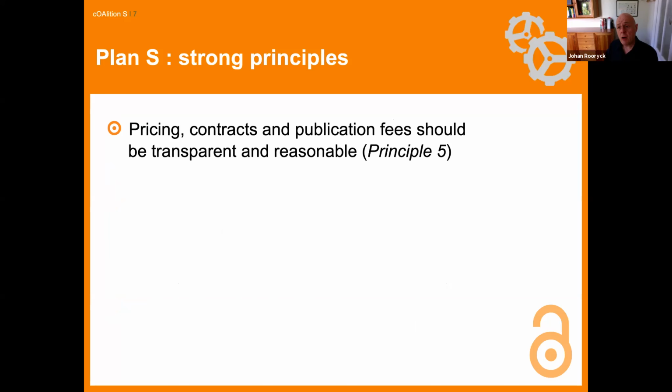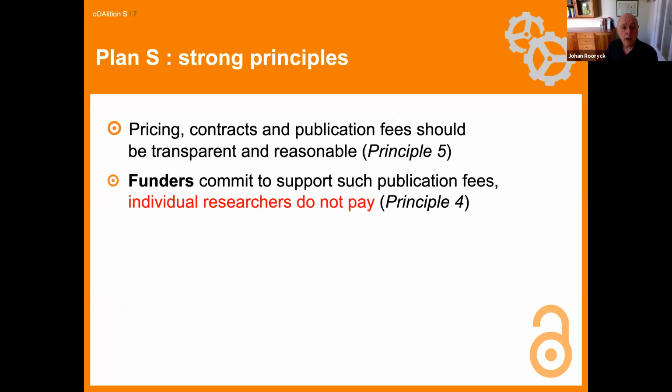Of course, one of our principles is that pricing, contracts, and publication fees should be transparent. This is a very important one, and I'll come back to it later to show you what policies we are developing to that effect, or what we have put out for that. Also, funders commit to support these publication fees. So individual researchers should not pay.